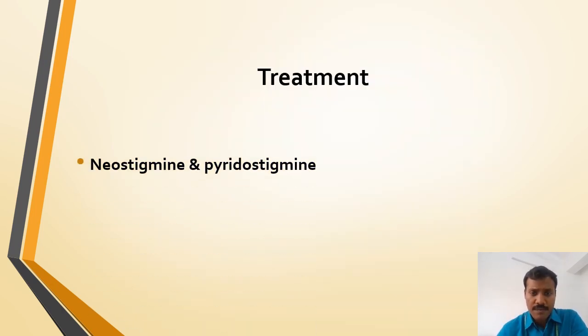Coming on to the treatment of myasthenia gravis, neostigmine and pyridostigmine are reversible anticholinesterase drugs. The main purpose of using these drugs is that they inhibit the acetylcholinesterase enzyme so that acetylcholine will not be hydrolyzed. So acetylcholine is present in excess amount and can be used for muscle stimulation.